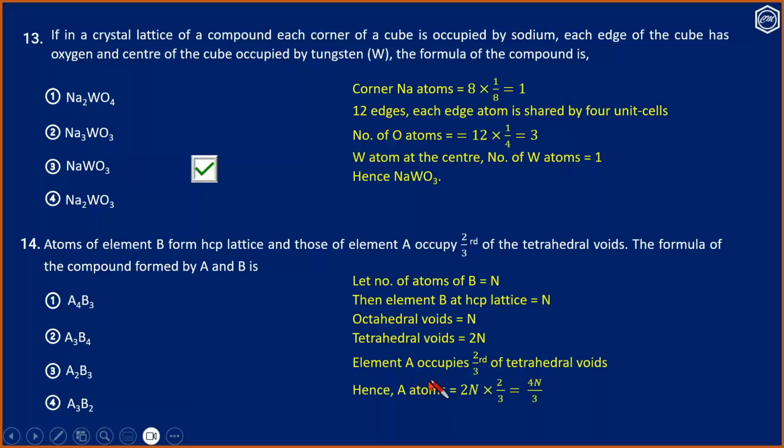So therefore the number of A atoms is 2n into 2 by 3, that is 4n by 3. n is the number of B atoms. So the ratio A is to B is 4n by 3 is to n, that is 4n is to 3n, or A4B3. Option 1 is the correct answer.